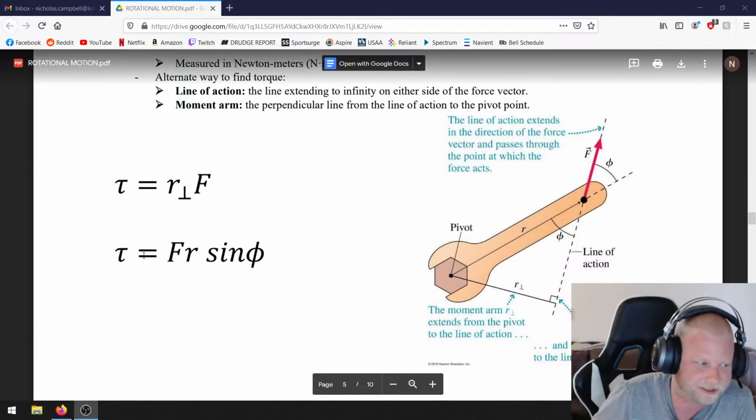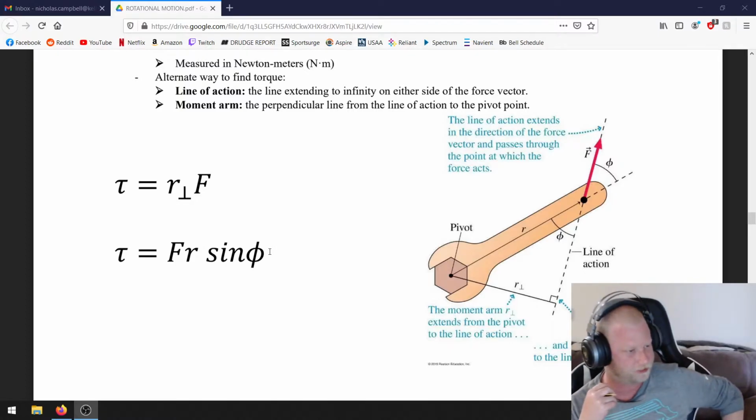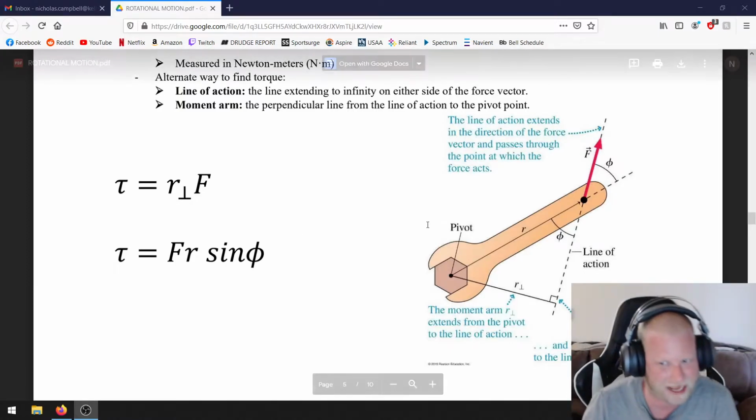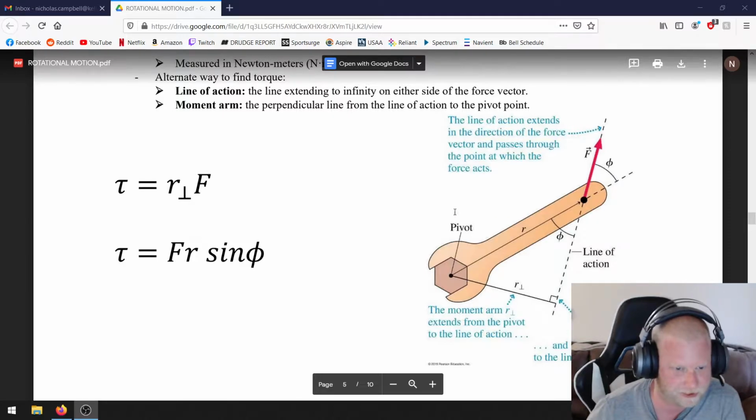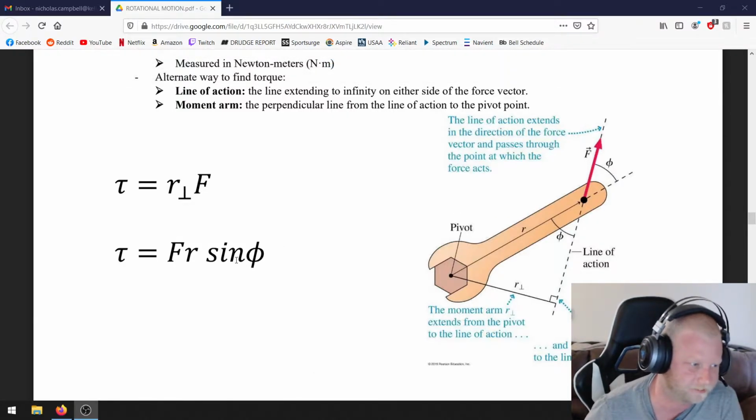Now, you're going to see this equation, torque equals F r sine phi, on the equation page. I highly recommend you ignore that because that angle phi that they give you is not necessarily going to be a sine function. Right?